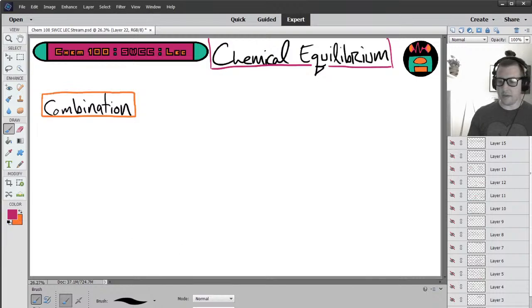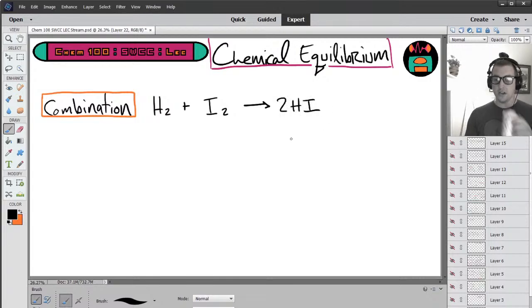Consider the combination reaction between hydrogen and iodine to produce hydroiodic acid, HI. All right, there's a combination reaction.